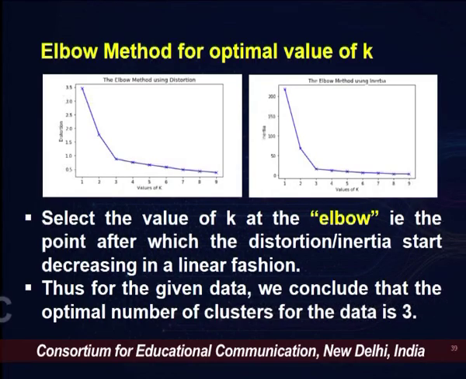Once I have this graph, I have to look for the value of k, the point where the distortion or the inertia starts decreasing in a linear fashion. As you can see, around k equal to 3, we could see a linear pattern in the diagram. So this could be taken as one of the optimal values of k. For the given data, after 3 it almost follows a linear fashion. That is how I can decide that the value of k in this particular case could be 3.